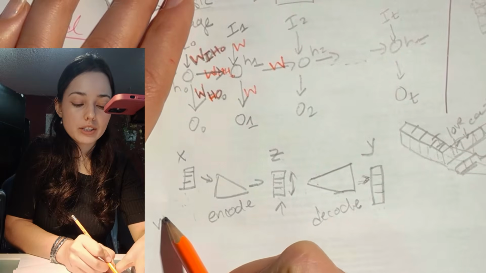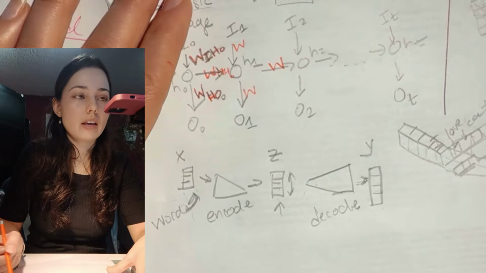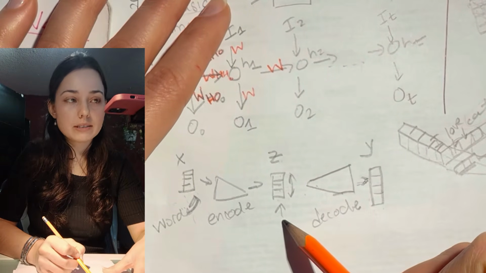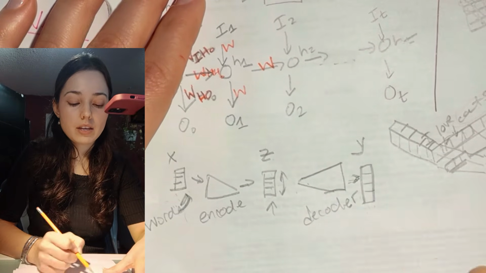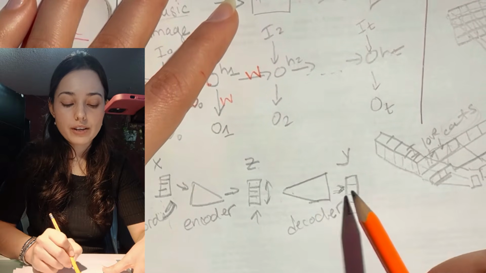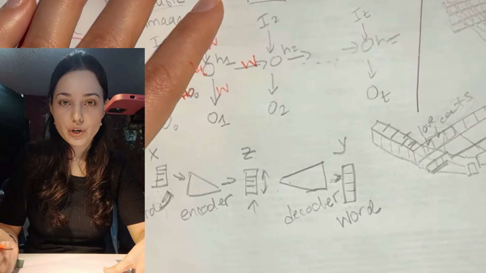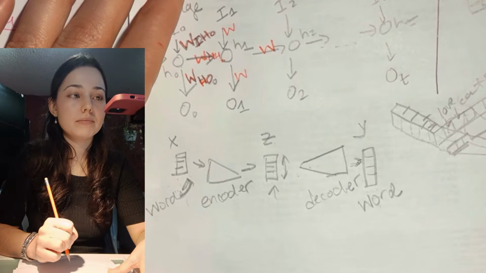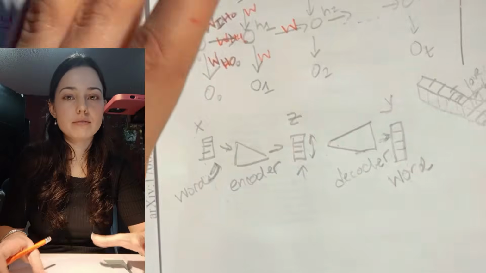Let's say a word goes in, for example, cats, and it would do some processing, embed it into some vector space in a different dimension, and then the decoder will do the reverse operation and unembed it into the same space as our input. So in this case, it would be another word, whether it's a word in a different language or the same language. But this is an encoder and decoder generally.